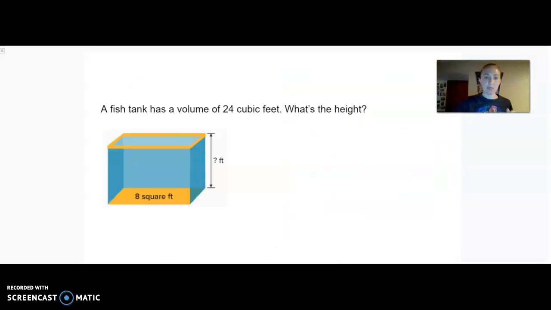Okay? For example, here's a problem. A fish tank has a volume of 24 cubic feet. What's the height? Okay, you might think, well, I see 8 here, I see 24, what do I do? Calm, take a breath. Our brains work better when they have enough oxygen, okay? So, we know that the volume is 24.